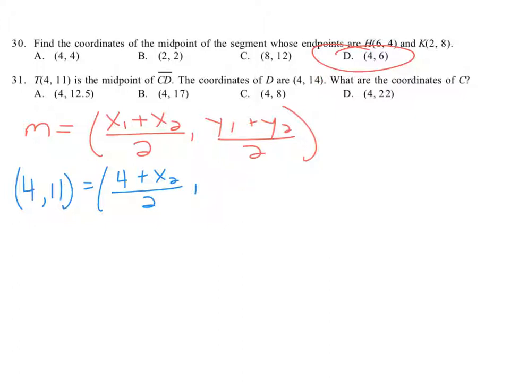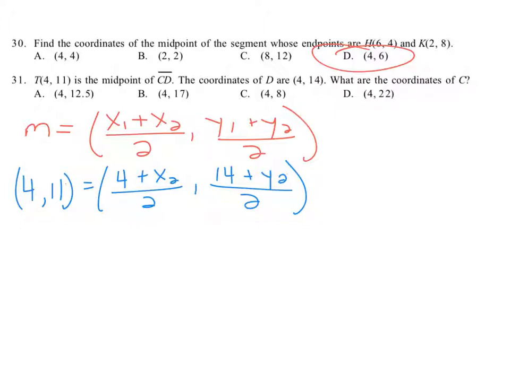So we say 14 plus y2 divided by 2. That'll give us the coordinates. This is kind of how you have to deal with this. We know that we need to solve for this. Well, what is this going to equal? It's going to equal 4. That's the x-coordinate.